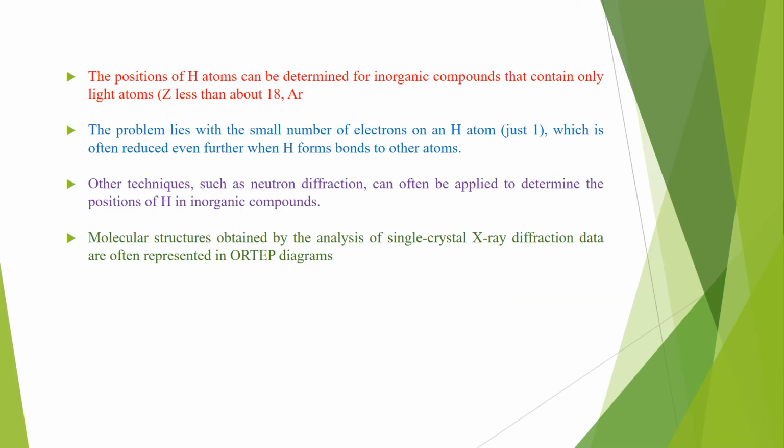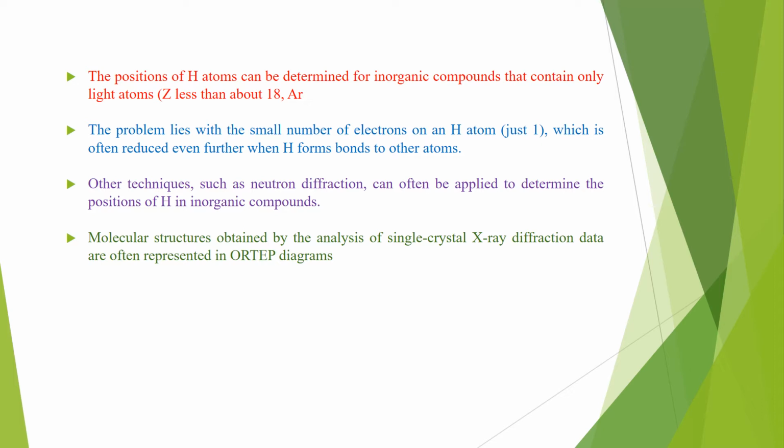And the position of the hydrogen atom can be determined for an inorganic compound that contains only light atoms, with atomic number less than about 18, that is argon. But their location in many inorganic compounds that also contain heavy atoms, such as the 4d and 5d series elements, can be difficult or impossible.